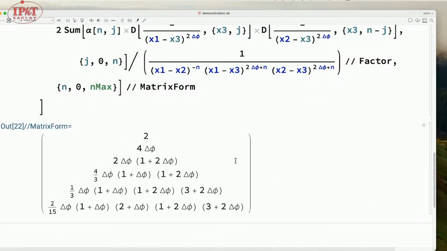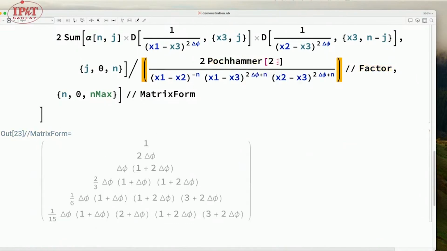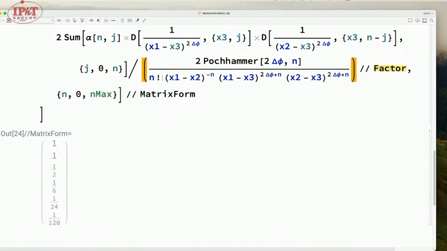But we are still left with some overall factor, which looks like a Pochhammer of 2 delta phi, n, factorial. Okay. So what we learned, at least for this unnormalized double trace operator, the C phi phi n, is that. Right.